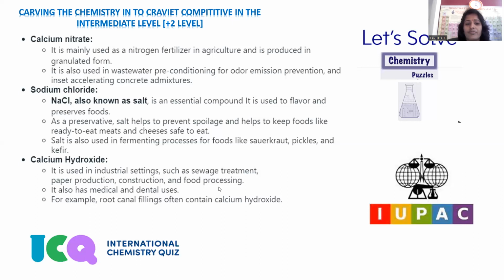We can also use calcium hydroxide in construction and food processing. Medical and dental uses: calcium hydroxide is used in dental treatment, and medicinal applications are also given for it. Calcium hydroxide is called lime and is used in the whitewash of buildings.